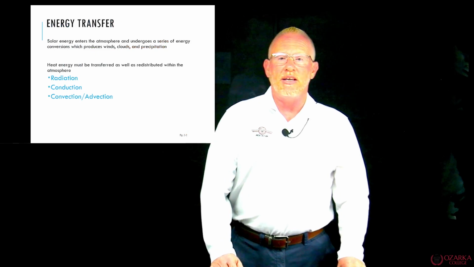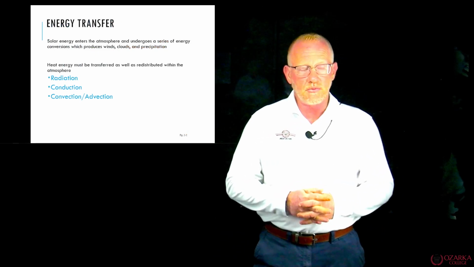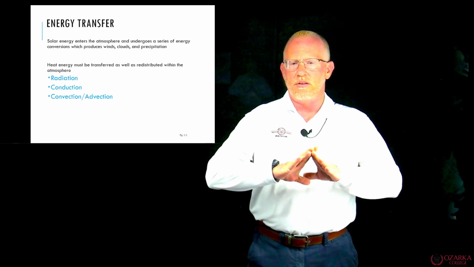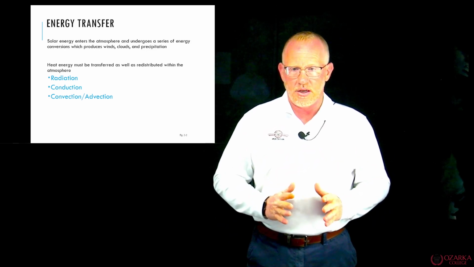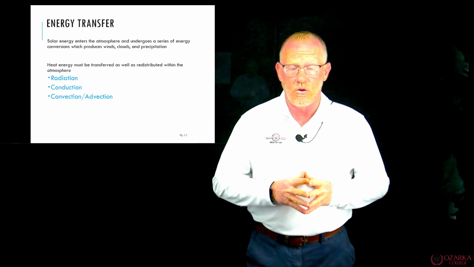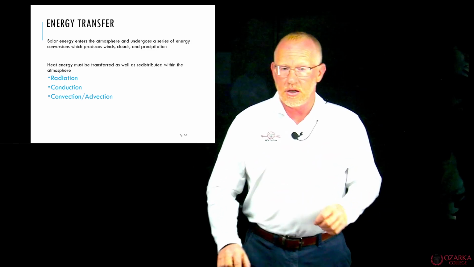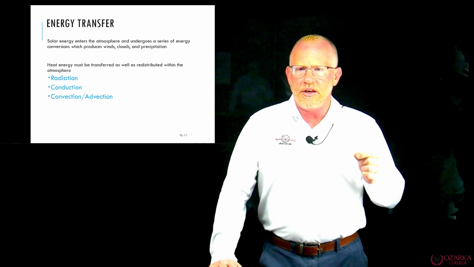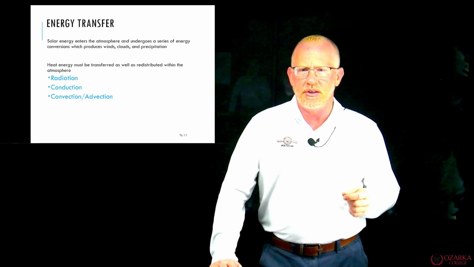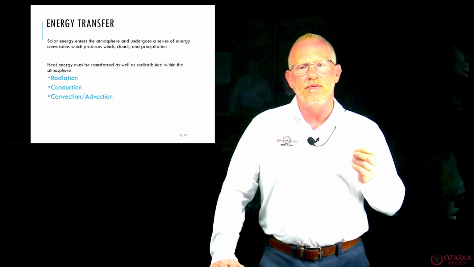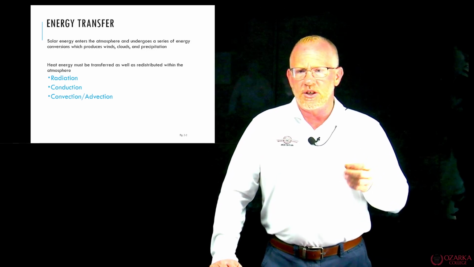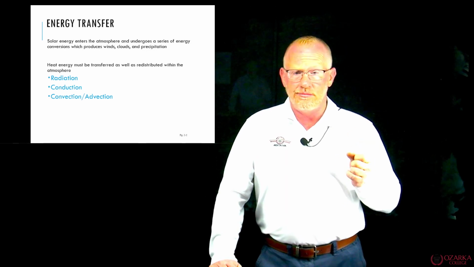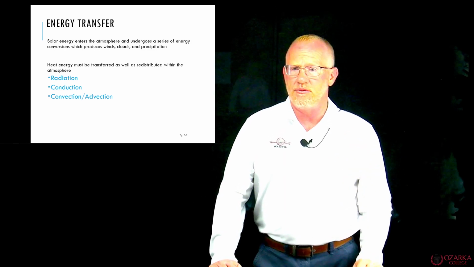So let's talk about energy transfer. Everything that deals with weather on Earth is done by energy transfer or heat exchange, and you will see that in just a little bit. Solar energy enters the atmosphere and undergoes a series of energy conversions which produces wind, clouds, and precipitation.